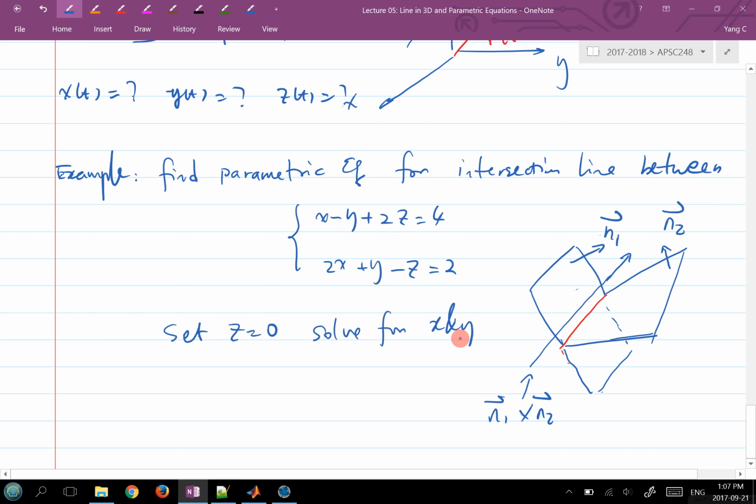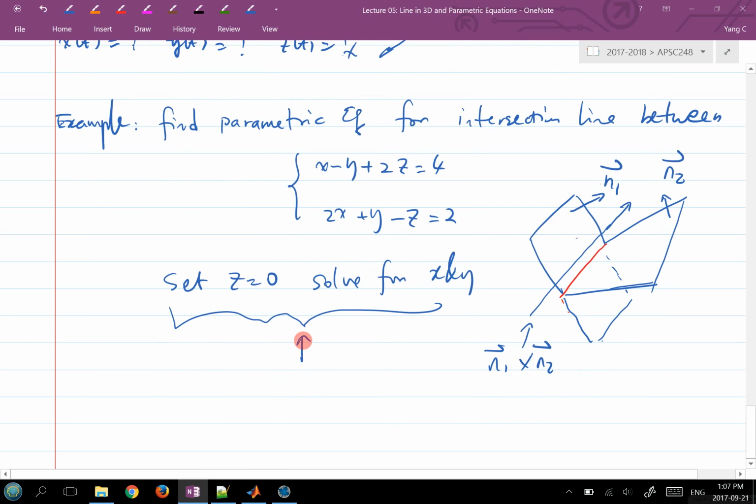You end up with a point on the intersection between the two planes. That's the typical way you would solve it if given a question like that in assignments.